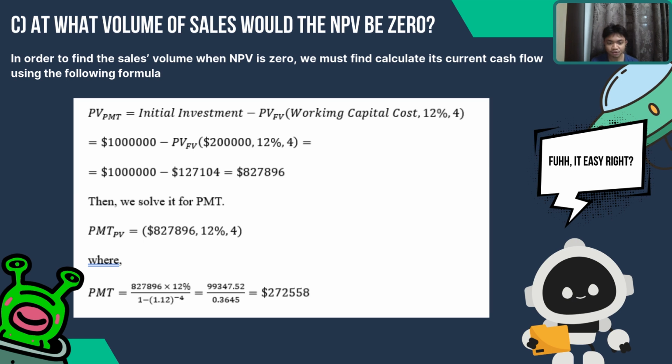Then we solve for the PMT, where PMT equals 827,896 multiplied by 12%, which is 0.12, divided by 1 minus 1.12 to the power of negative 4, equals 99,347.52 divided by 0.3645, which we would get 272,558.